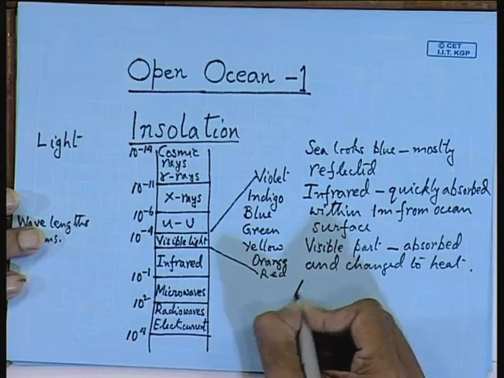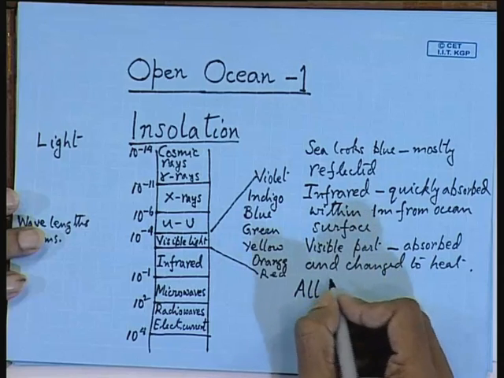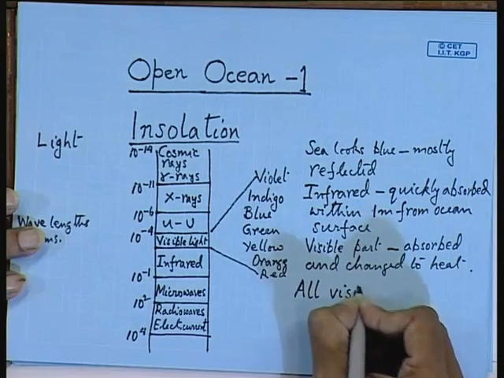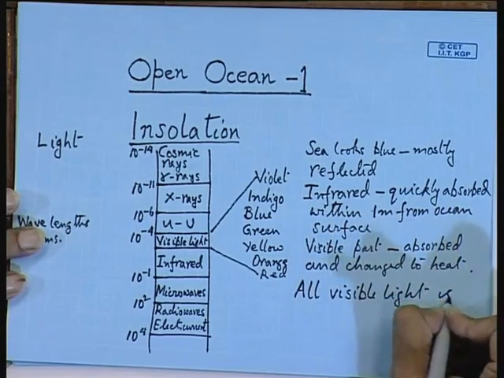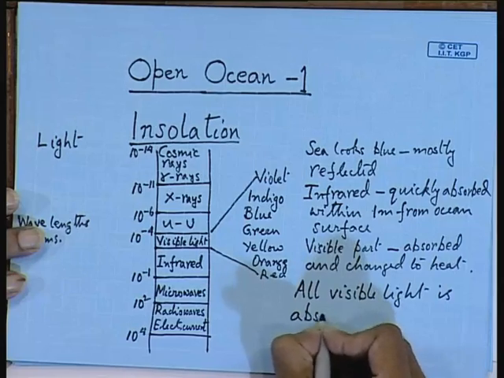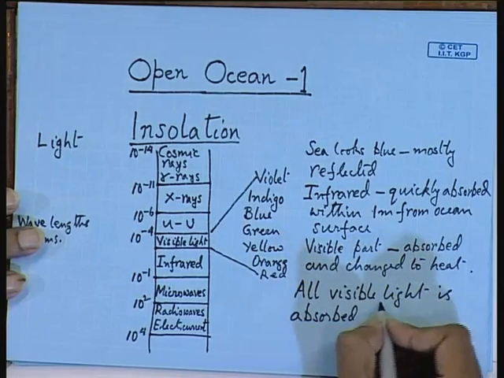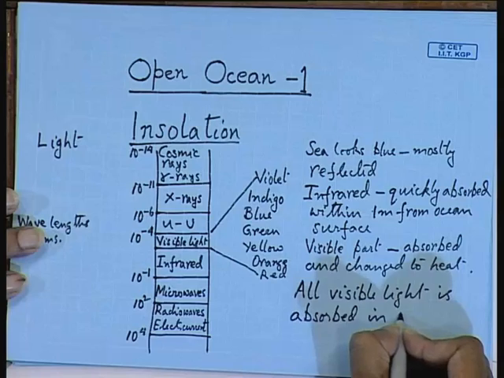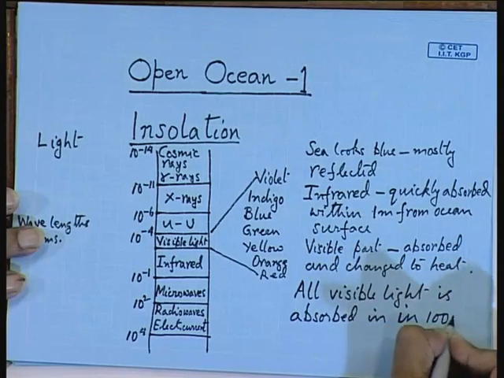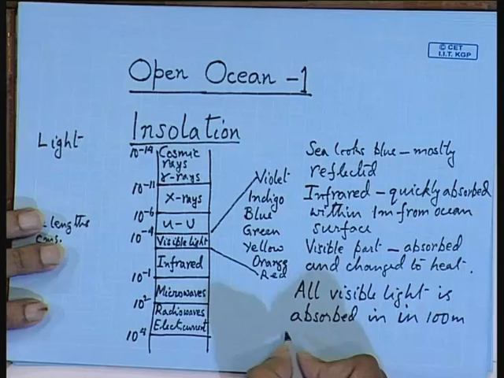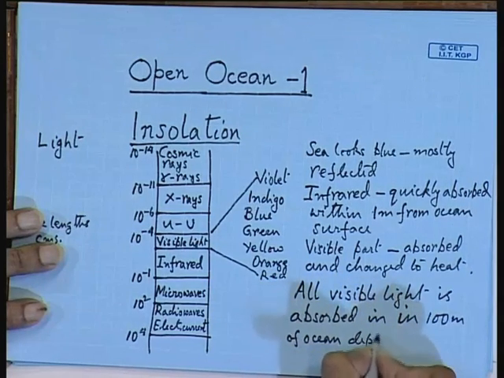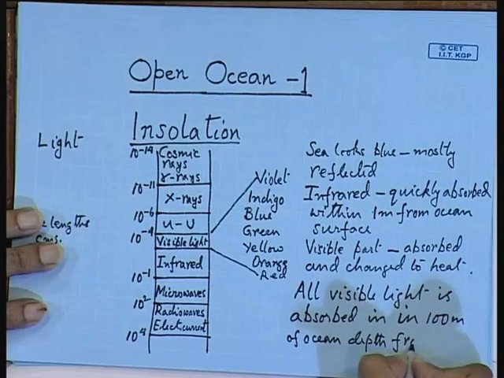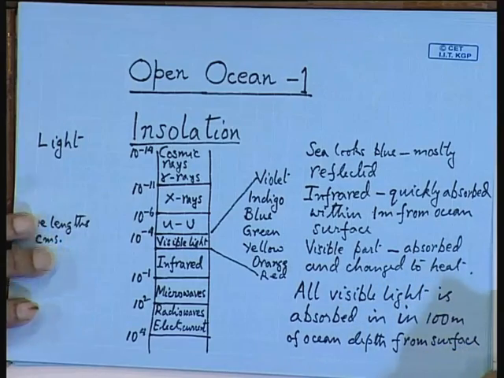And all visible light is absorbed in 100 meters of ocean depth from the surface. So, below 100 meters you will find pitch dark.